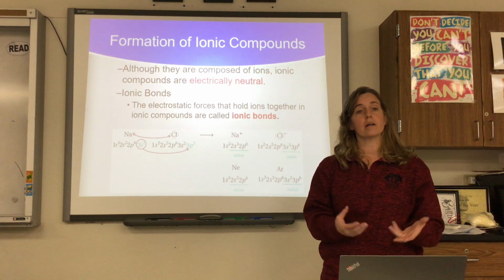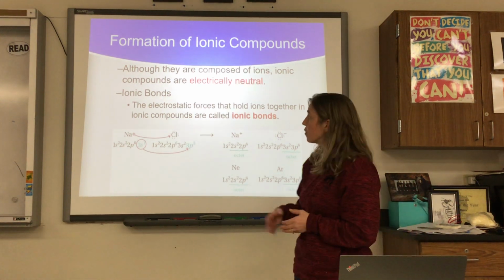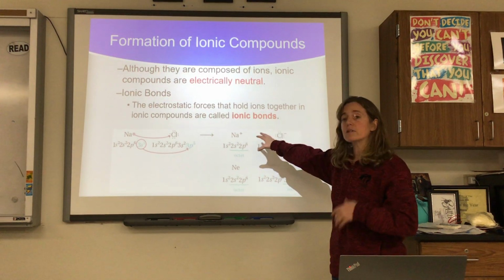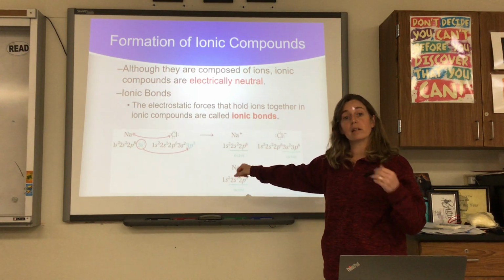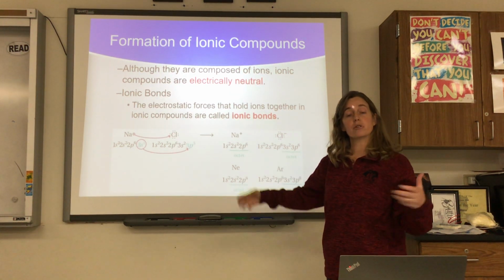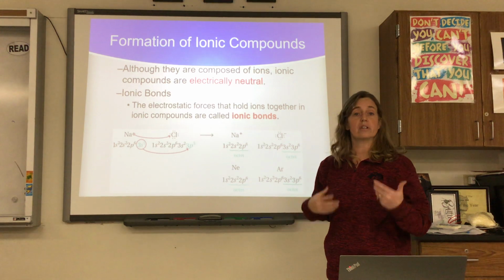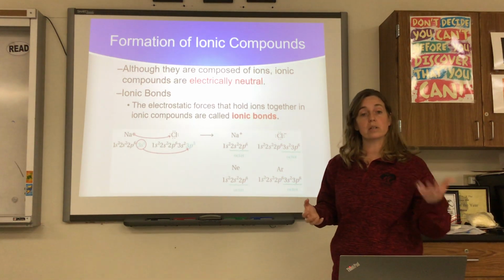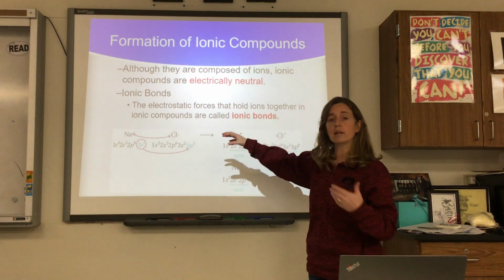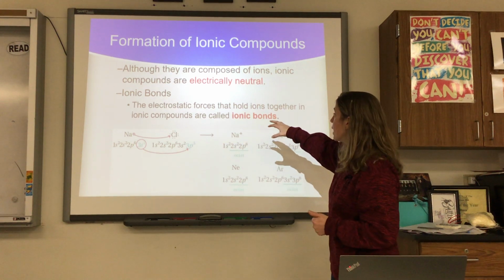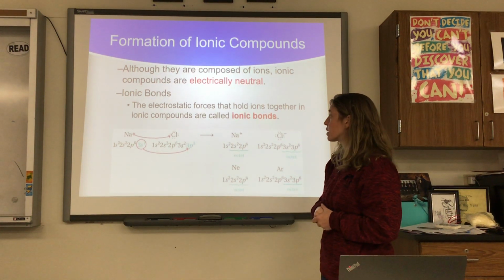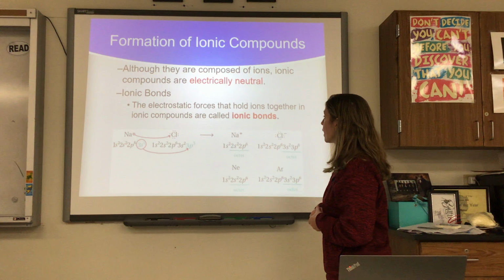You're forming ionic compounds. So with an ionic bond, they call these electrostatic forces, because electro meaning there's electricity, okay? So these charges, these ions, can conduct electrical current. So that's where the electrostatic comes into play. And it's these forces that hold ions together in an ionic bond, okay?